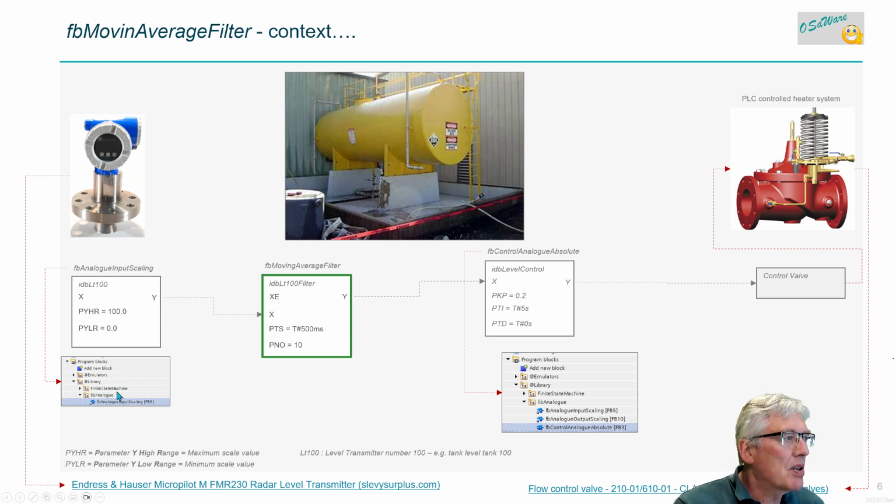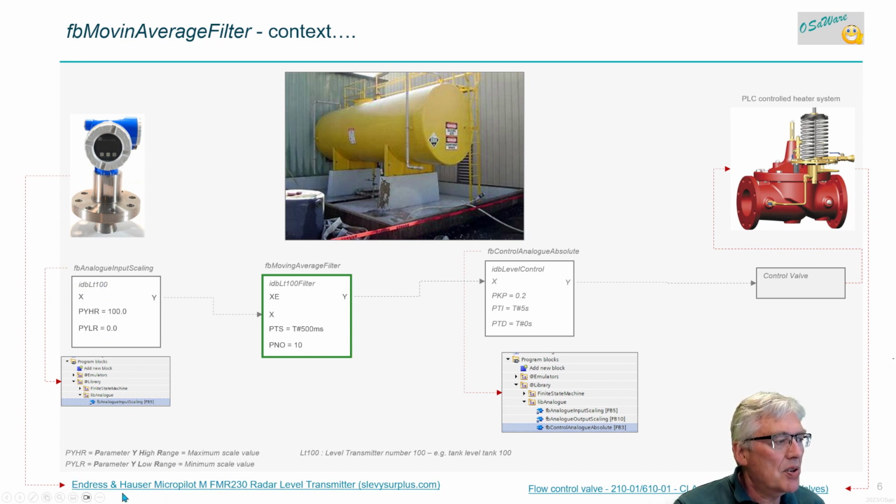So here is some. The output high range parameter is 100, because maybe the level here was 0 to 100% and so on. An LT 100, which is then level transmitter 100 for this time.